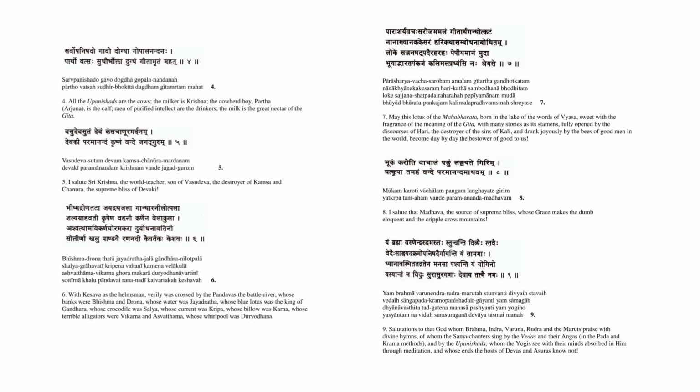Jayadratha Jala. And Gandhara Nilotpala. This Nadi has Nila Utpala called Gandhara. Utpala means it is a kind of flower. Like in the big rivers or the big ponds, you see this Utpala, Nilotpala, the blue lotus, I think.